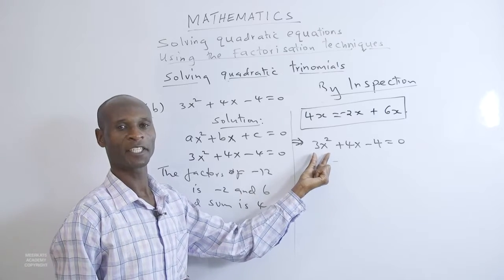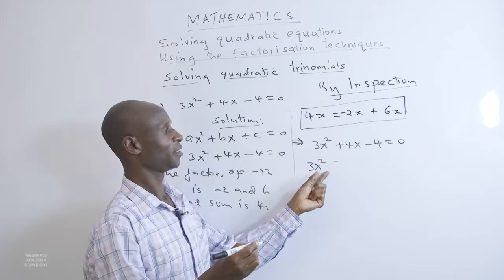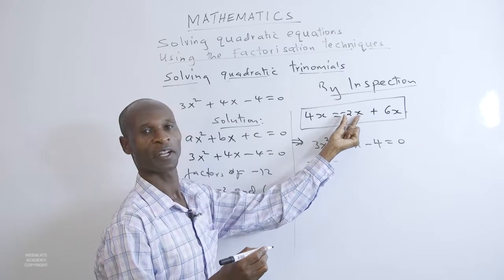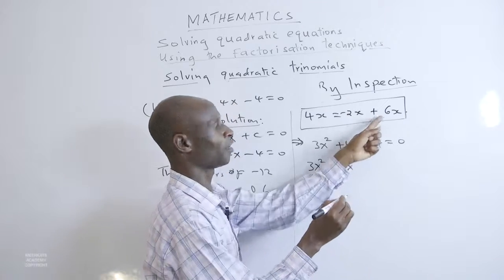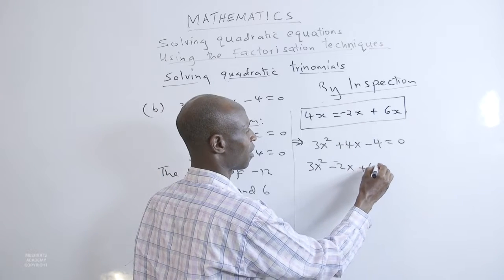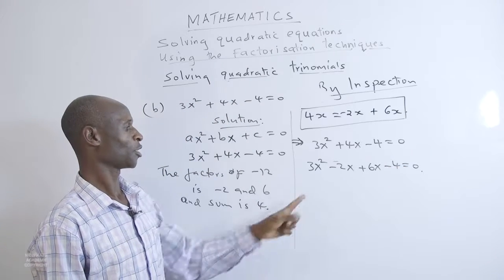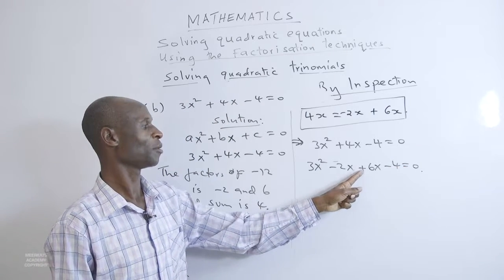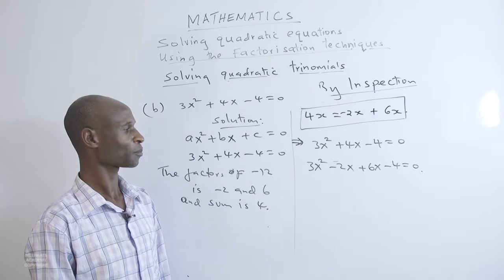So the first quadratic term is 3x squared. Instead of 4x, we now rewrite using the factors negative 2x, then plus 6x. So we shall have 3x squared minus 2x plus 6x minus 4 is equal to 0.